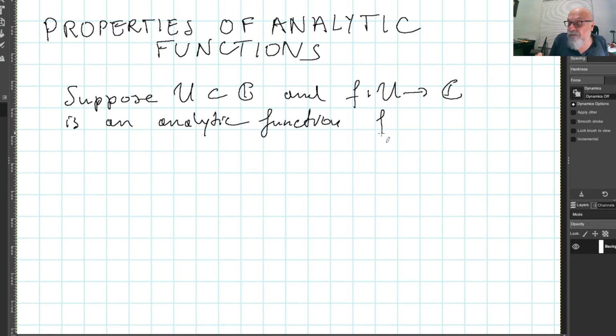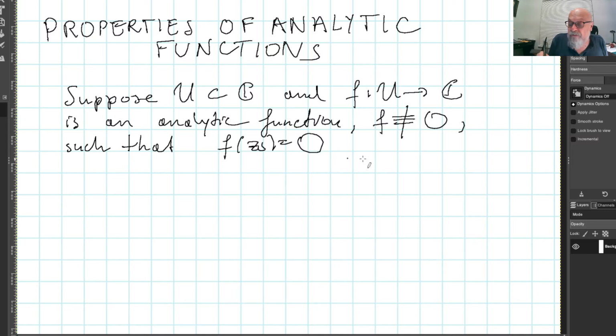and assume that this analytic function is not identically equal to 0. So the analytic function f is such that there exists z0 belonging to U such that f of z0 is equal to 0.